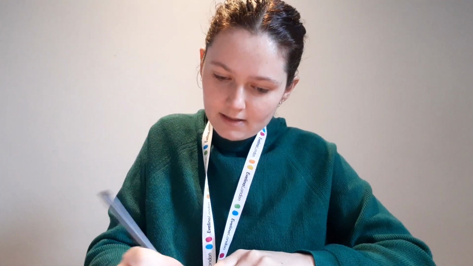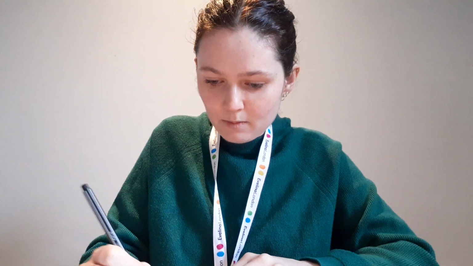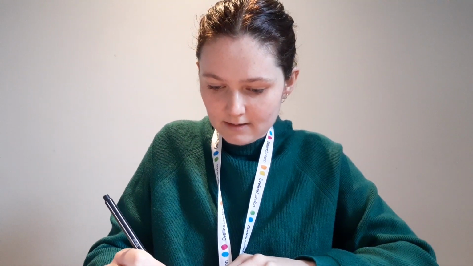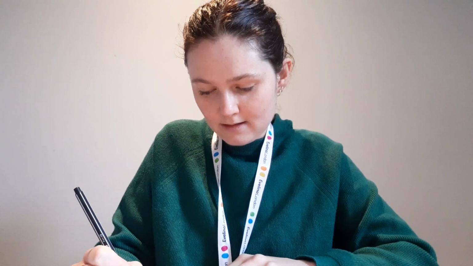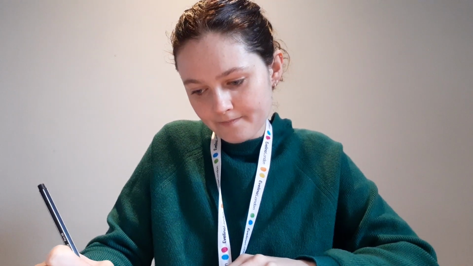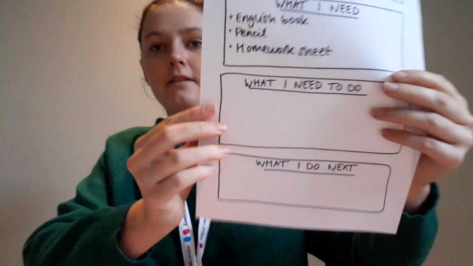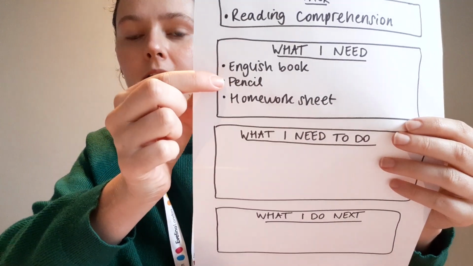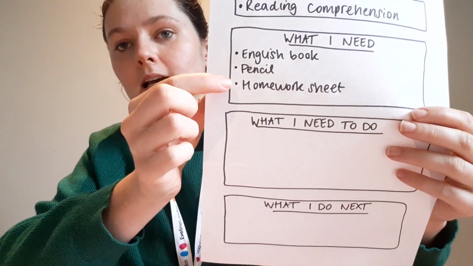This is where you can write down everything that you're going to need for that task. So for this reading comprehension, I'm going to need my English book, a pencil or pen, and the homework sheet. So we have my English book, pencil or pen, and the homework sheet.